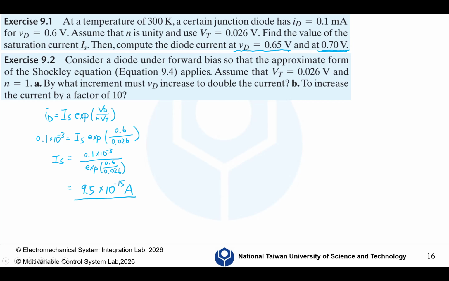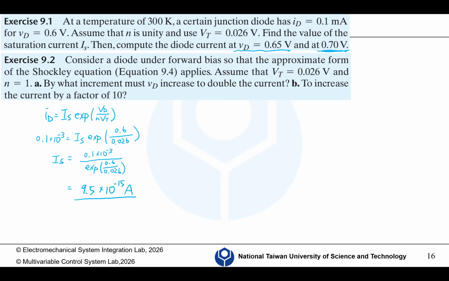Then we look at exercise 9.2. Consider a diode under forward bias so that the approximate form of the Shockley equation applies. Assume that VT is 0.026 volts and N is 1. A, by what increment must VD increase to double the current?